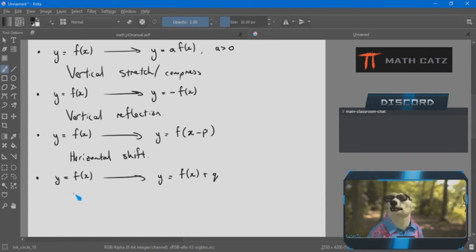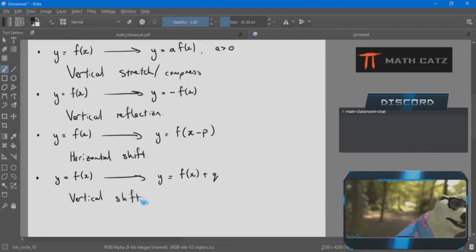Again, something is done to the whole right-hand side, so that means a vertical transformation is happening to the graph, a vertical shift. So there's some consistency between these. If the whole right-hand side is being manipulated, then it's a vertical transformation to the graph. And when x is being replaced by x plus or minus a number, then it's a horizontal shift.